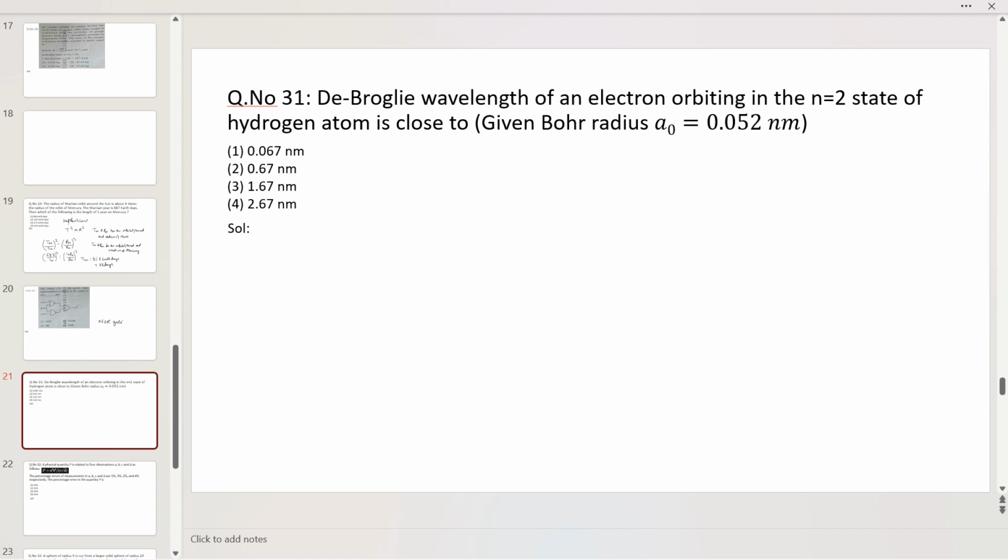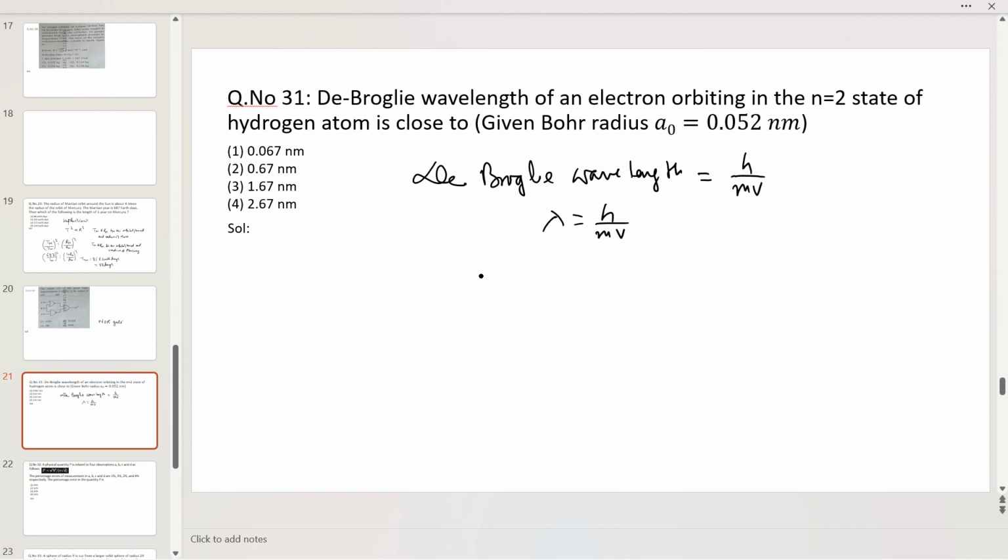We know that the de Broglie wavelength lambda is equal to h by mv.